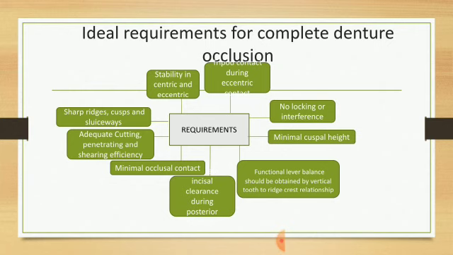Sixth, there should be adequate incisal clearance during posterior function. Seventh, minimal occlusal contact should be there. Eighth, there should be adequate cutting, penetrating and shearing efficiency. And ninth, there should be sharp ridges and cusps to the teeth for proper chewing of the food. So these are the ideal requirements needed.